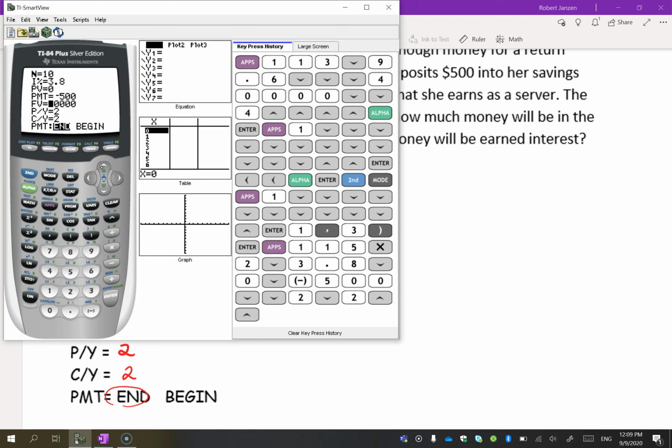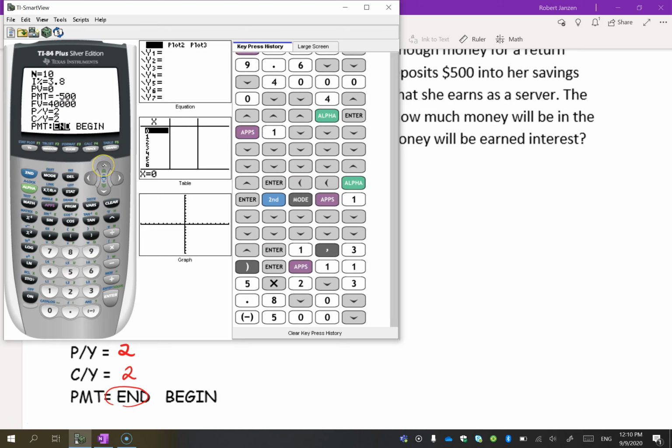So what is the final value? Actually, before I do that, just something I noticed. If you go to PV, let's say you put 6 there, when you get off that line, usually the compound period switches automatically. Be careful that it doesn't switch automatically for you if you don't want it to be the same.